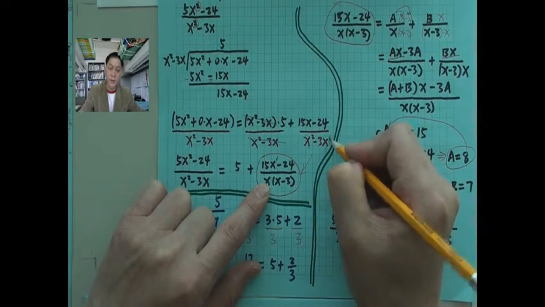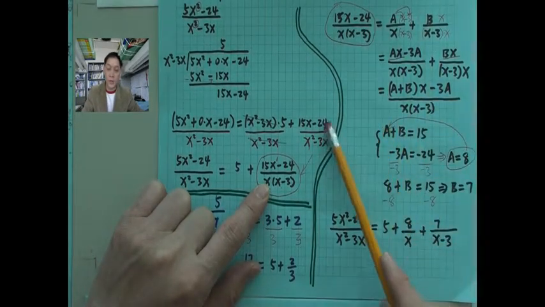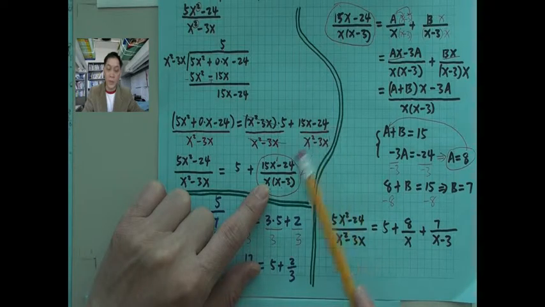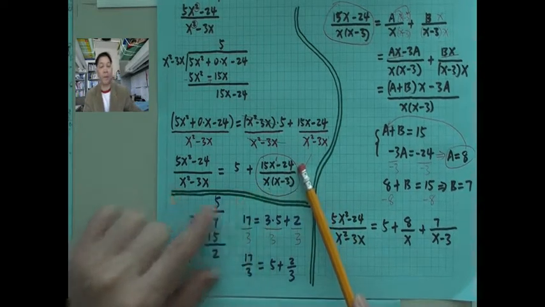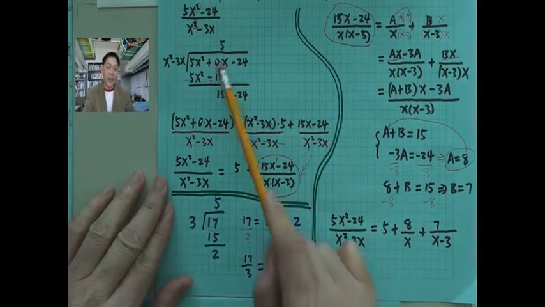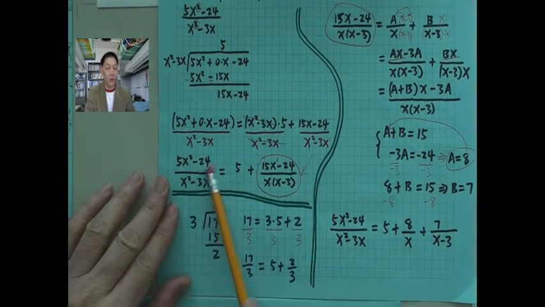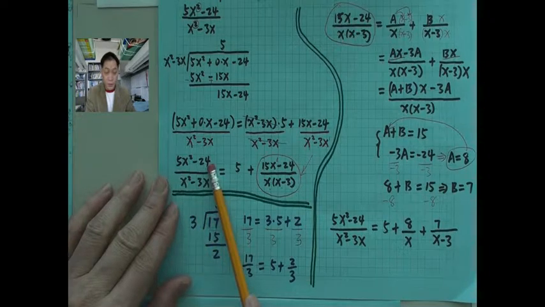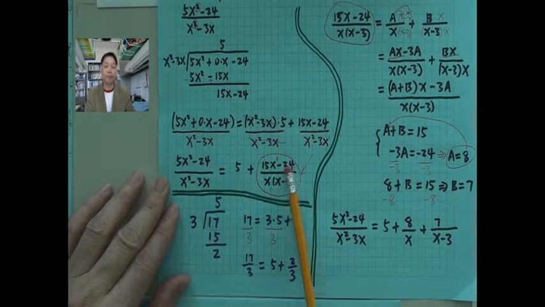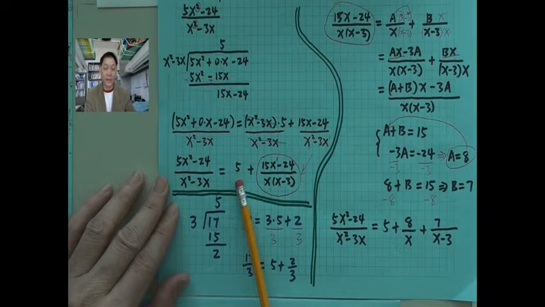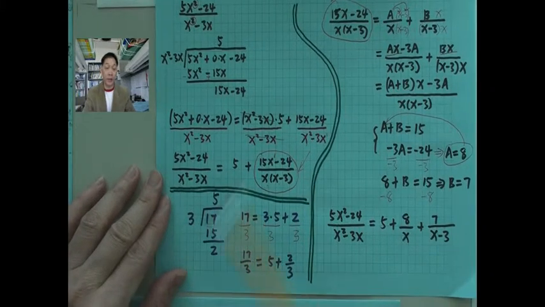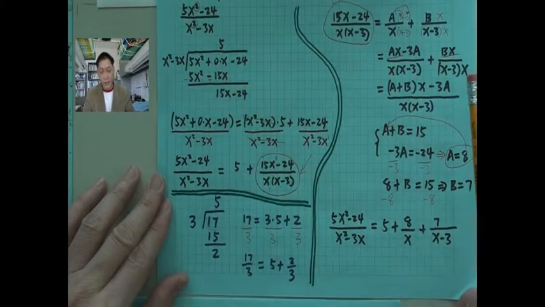And the numerator 15x minus 24 is the same. So division helped us to lower the degree of the numerator from 2 to 1. And 5 gets out. That's the quotient.